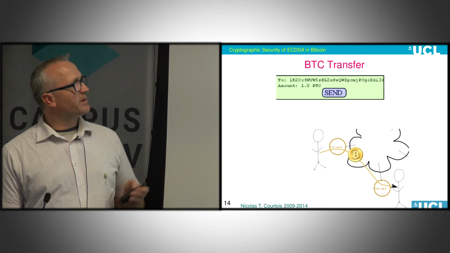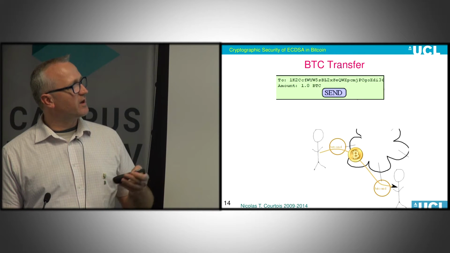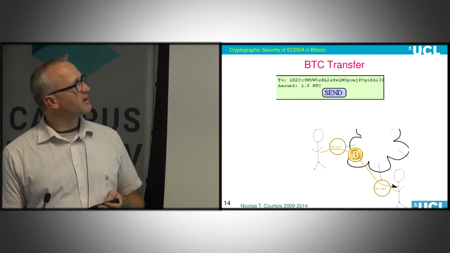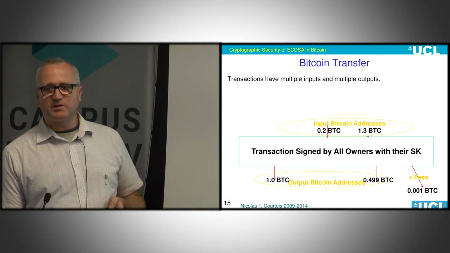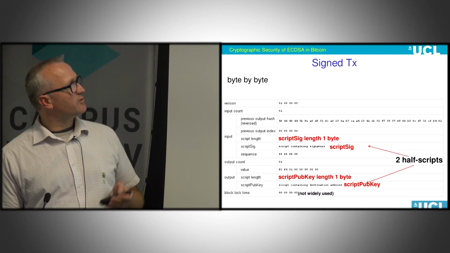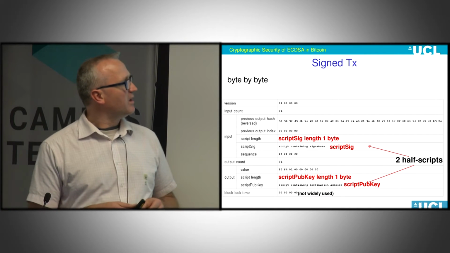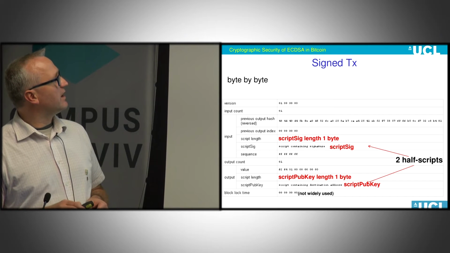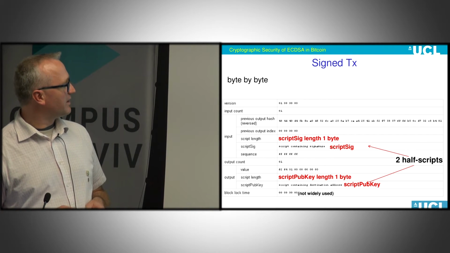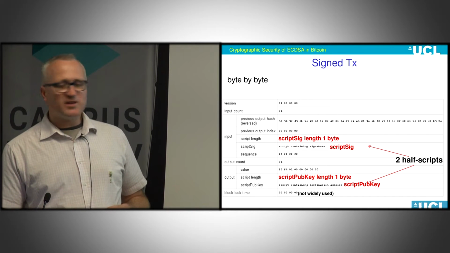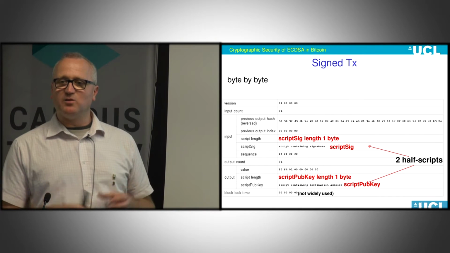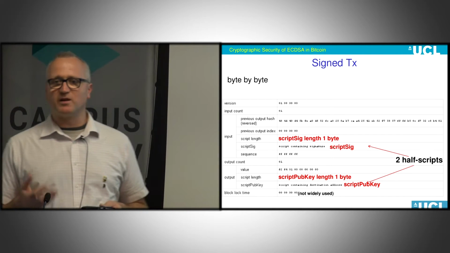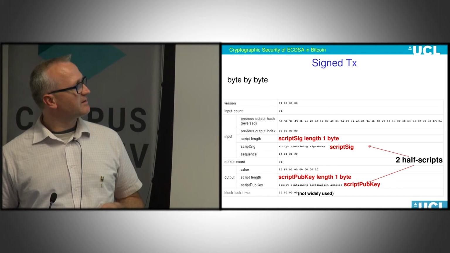Bitcoin transfers occur through propagating these transactions through the network. Everybody knows that. Transactions in general have many inputs, many outputs. And inside these transactions, you have scripts. The input of a transaction has a script, the output of a transaction has a script, and actually you can consider that these are like halves of the script which are executed when you create Bitcoin transactions. I'll skip the details.